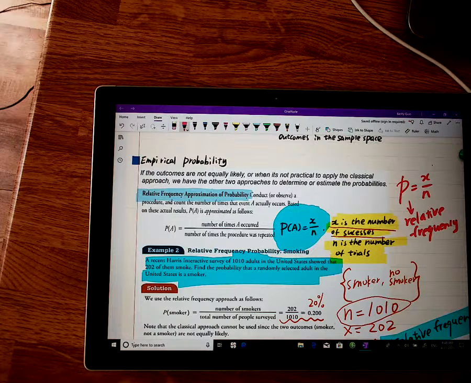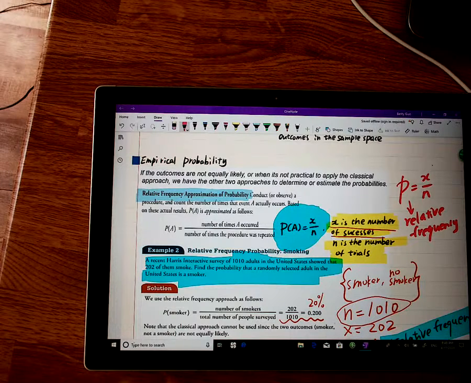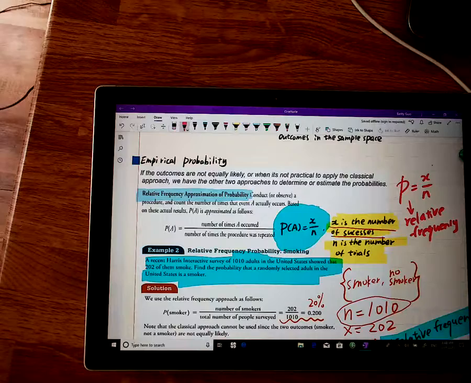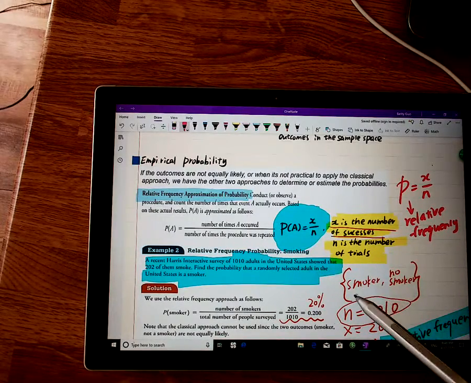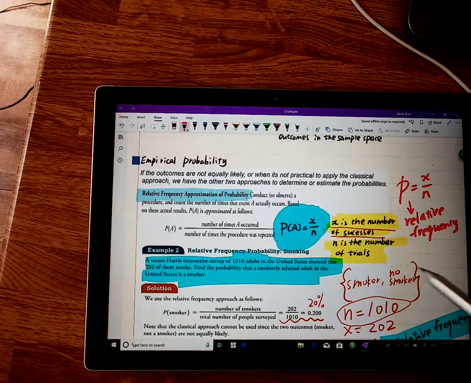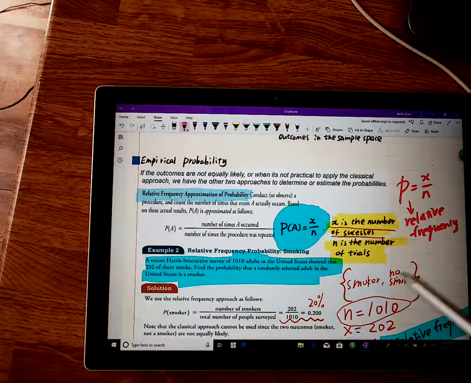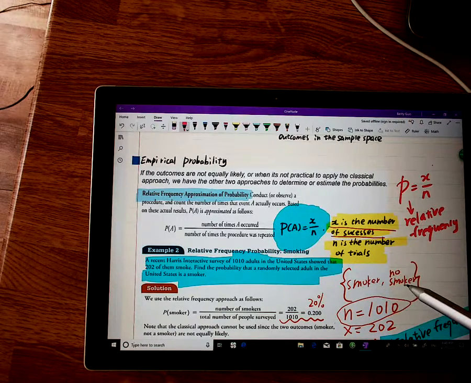The result is either the person is a smoker or the person is not a smoker. So you basically only have two outcomes here. Again, an outcome is the most basic possible result from the experiment. So the sample space of the experiment would be: you get a smoker, or the person that you selected randomly is not a smoker. So the sample space contains two outcomes.